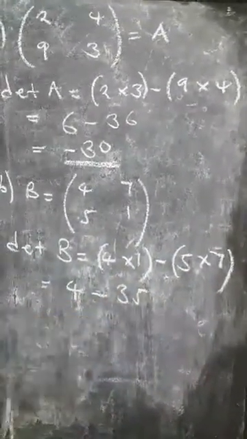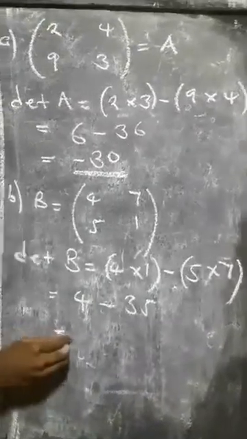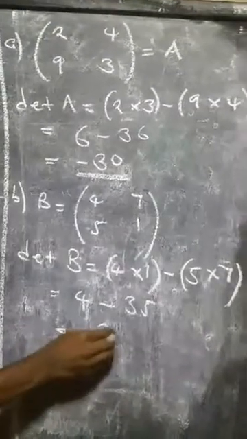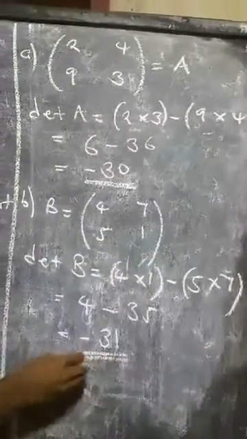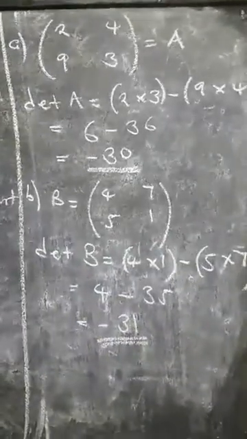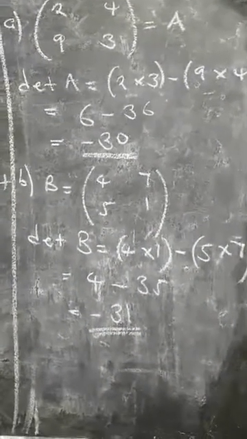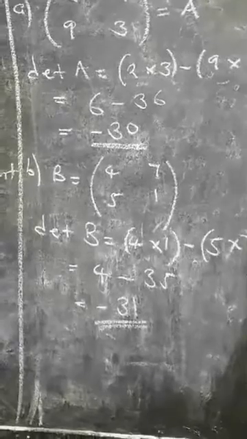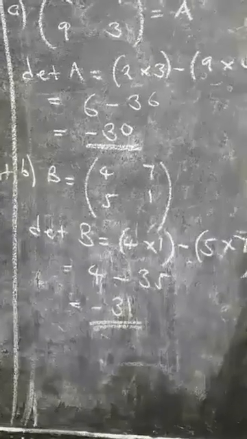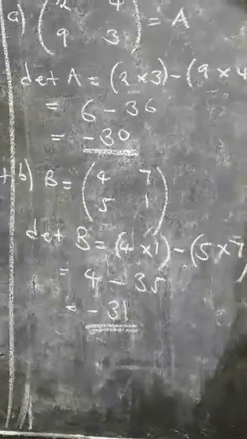So 4 minus 35 is just equal to negative 31. Like I said, you go 4 steps to your right and 35 to your left. You go to negative 31.